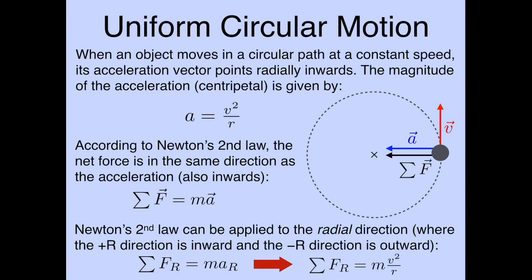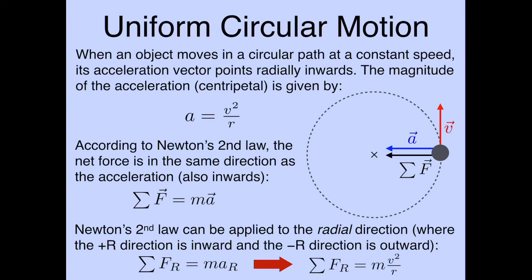It points in towards the center of the circle. That's what centripetal means. Okay, so we know how to describe the acceleration of something that's undergoing uniform circular motion. Now, if we take that a step further and apply Newton's second law to the object, well, we have the net force is equal to m times a. This is telling us that the acceleration and the net force have to point in the same direction.